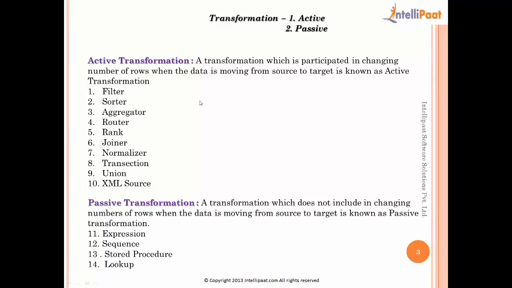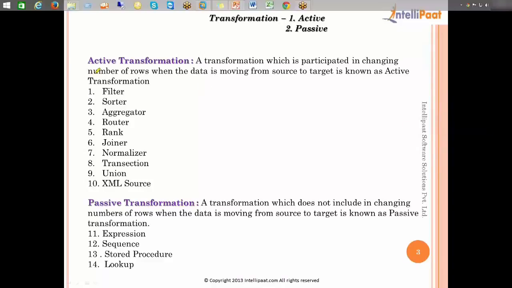If I have 10 records at the source and I'm applying a filter transformation, I'm not going to get all 10 in the output, because the filter is going to restrict some of the records at this level. As a result, we see the number of rows change at the transformation level, which is nothing but a filter transformation.